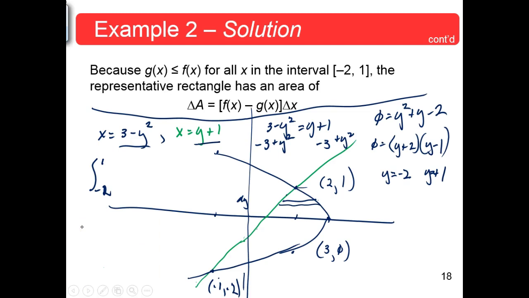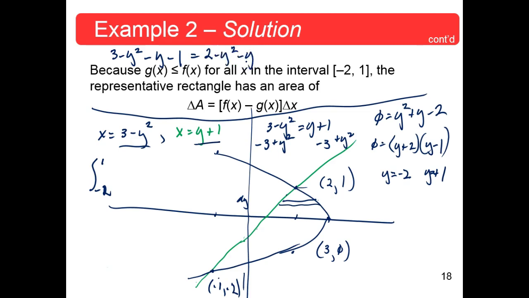All right. And what's your integrand here? What's that difference? The dark minus the green. That would be 3 minus y squared minus y minus 1. Well, that would be 2 minus y squared minus y.